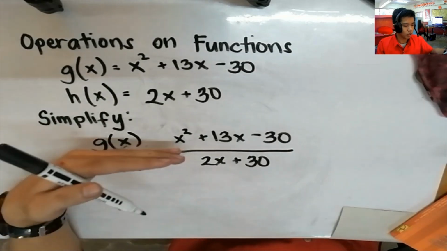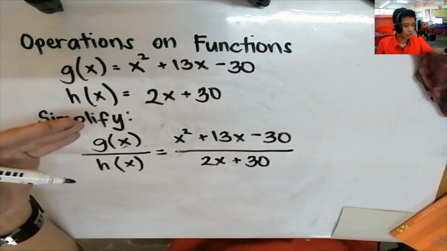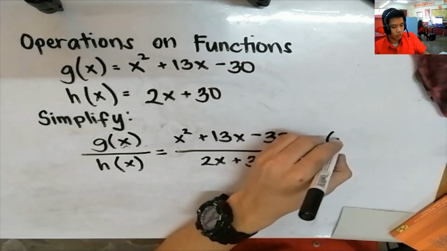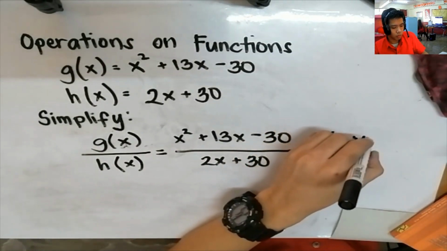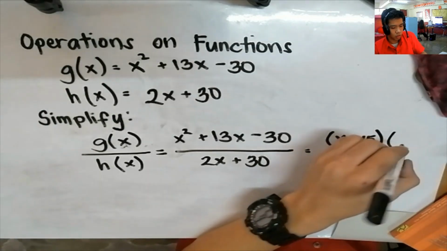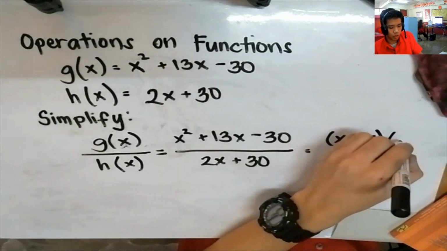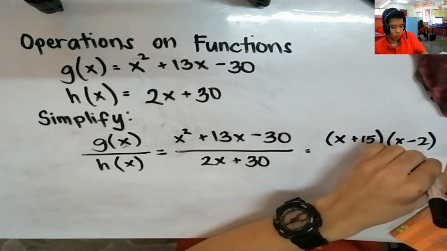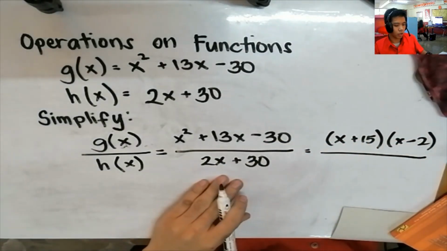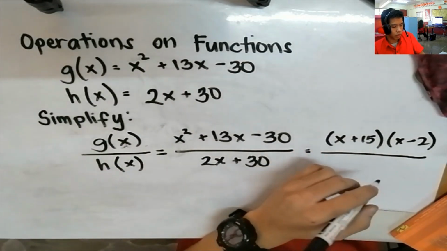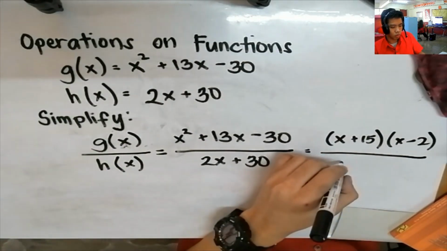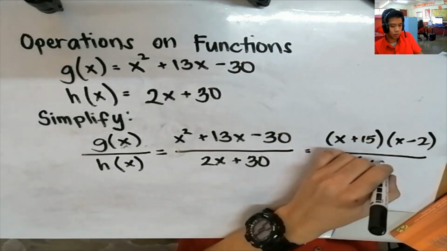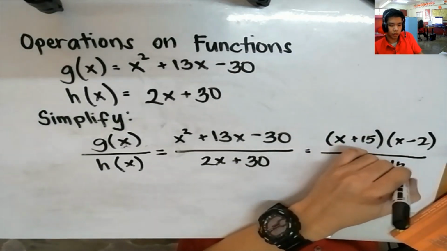So, x squared plus 13x minus 30 can be written as the product of x plus 15 and x minus 2. And 2x plus 30, we can write as 2 times x plus 15.